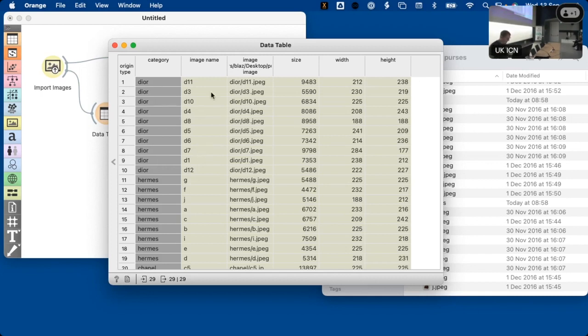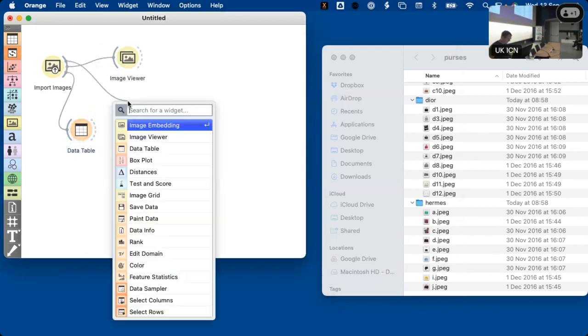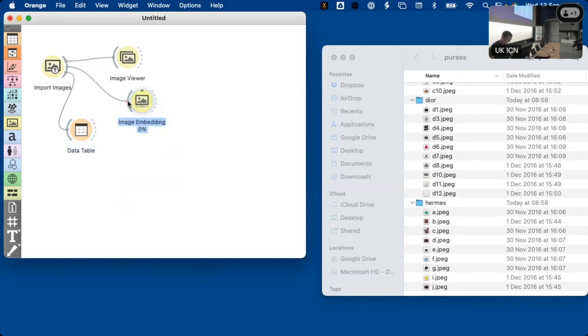I told her that at this stage I couldn't do anything with this data because everything I have are just names, the size of the file, and the width and the height of the images. So this is nothing that is relevant, right? But as I said before, there was this neural network technology where I said to her, we're just going to use a neural network that already exists.